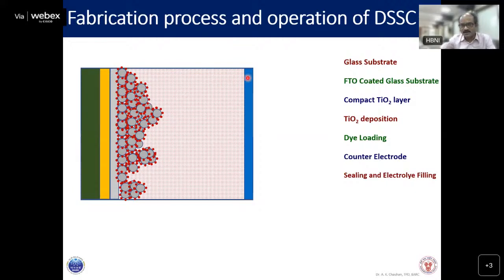Now, after that, a counter electrode is brought. That is a thin platinum layer deposited over FTO coated glass. So you have a platinum counter electrode now, and this entire assembly is sealed.